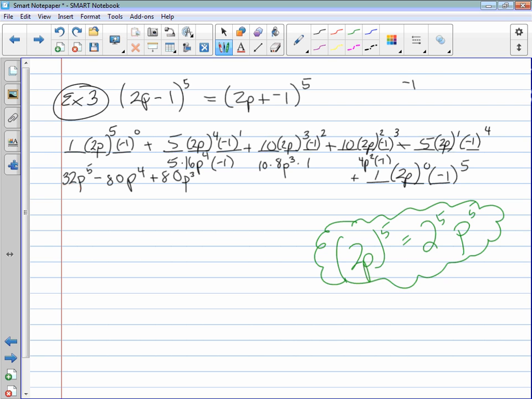Remember, negative 1 cubed is really negative 1 times negative 1 times negative 1. Negative times negative makes it positive. Times another negative gets you back to the negative. So that's why we have negative 1 here. But don't forget the 10. So 10 times 4 times negative 1 is negative 40p squared.